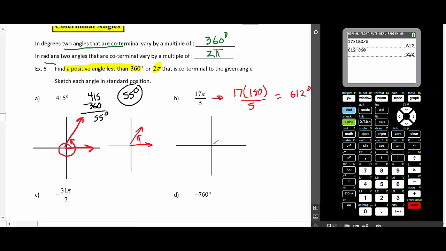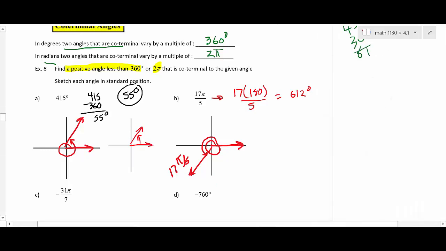If you went through and plotted this, you would start there, and this is a positive angle, so you would go counterclockwise one lap, and then what? 252 more. So you count it out as you go: 90, 180, 252 doesn't quite make it to 270. So that would be how you graph 17 pi over 5.